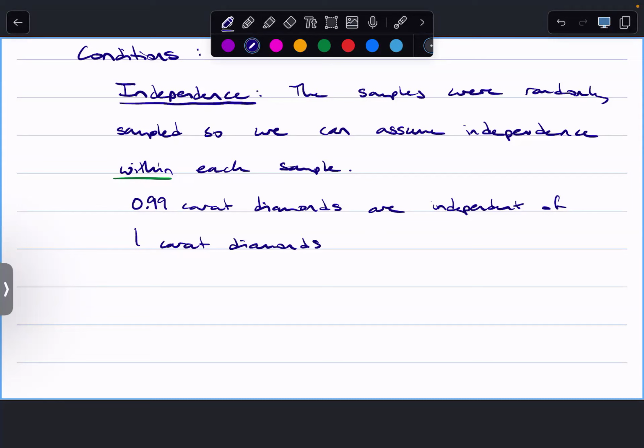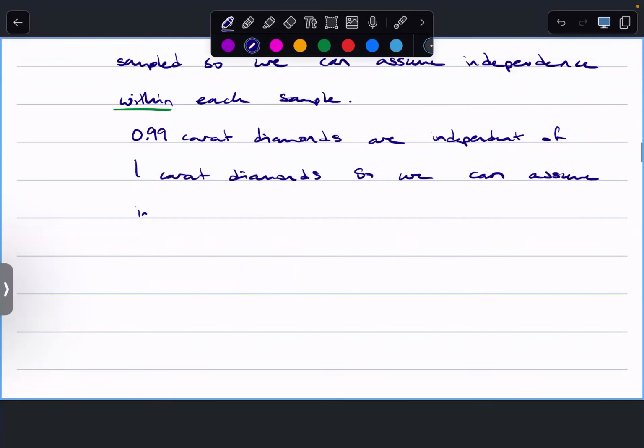And so in fact, we're talking about the prices of the 0.99 carat diamonds. Is it independent of 1 carat diamonds? No, but it's an assumption that we're making. 0.99 carat diamonds are independent of 1 carat diamonds. So we can assume independence between.